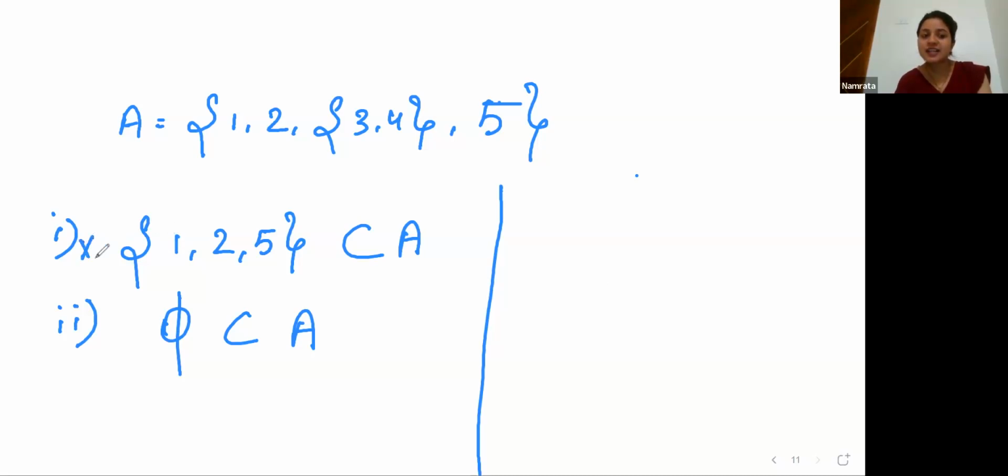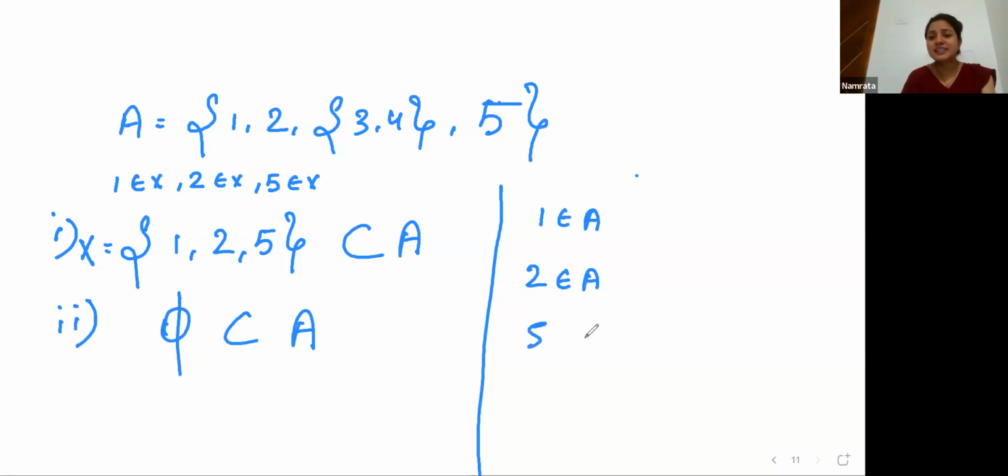If we say there is a set X equal to {1, 2, 5}, then we can say 1 belongs to X, 2 belongs to X, and 5 belongs to X. And we also have 1 belongs to A, 2 belongs to A, and exactly the same element 5 belongs to A. Hence, set X is a subset of set A.